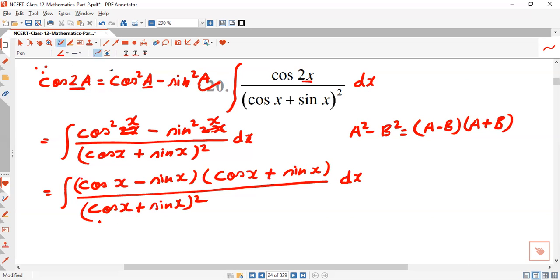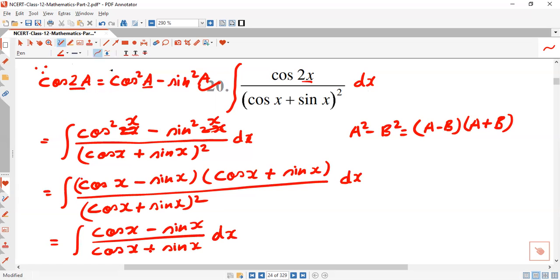One factor and its square are there, so one factor will be cancelled out. So it becomes (cos x minus sin x) divided by (cos x plus sin x) dx. Now this question is very easy. We put the denominator as t and solve this question.